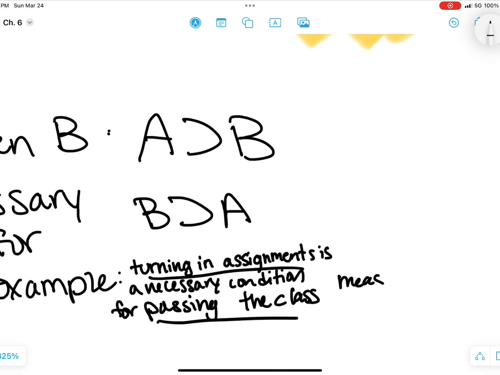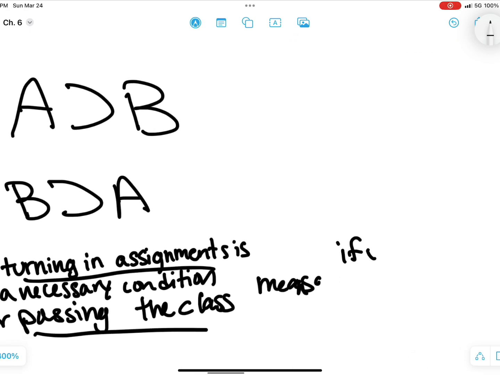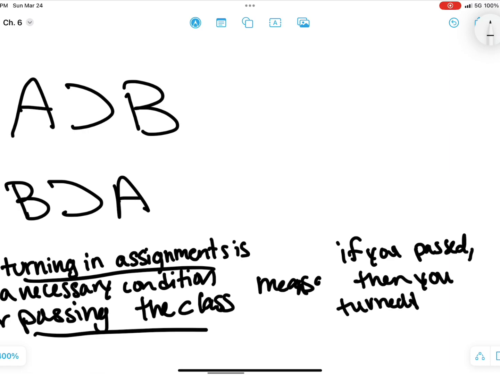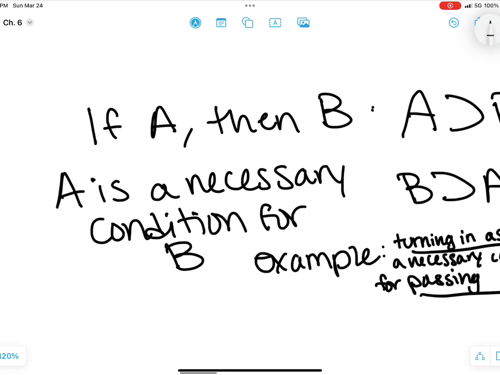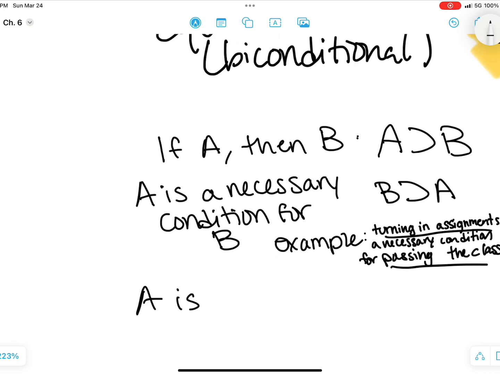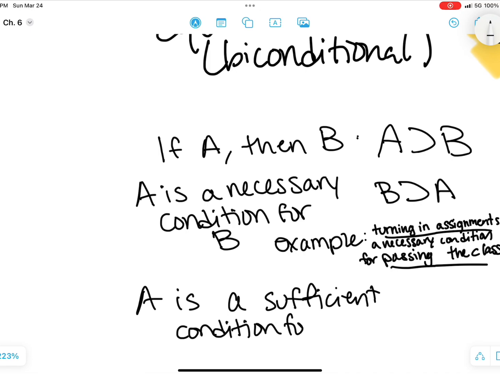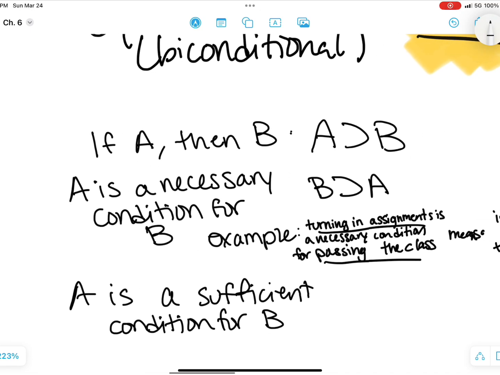What do I mean if I state that? I'm stating that you must turn in assignments to pass the class, that if you want to pass the class, then turning in assignments is required. So if A is a necessary condition for B, then B entails A. Passing the class entails that you have turned in assignments.